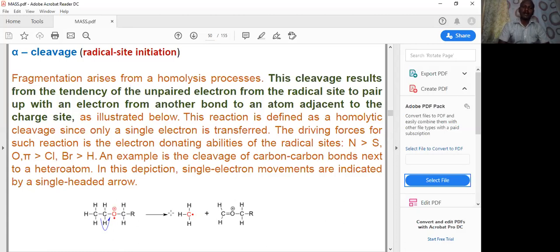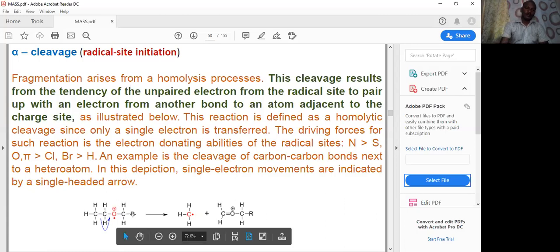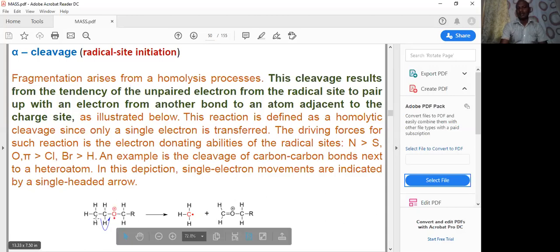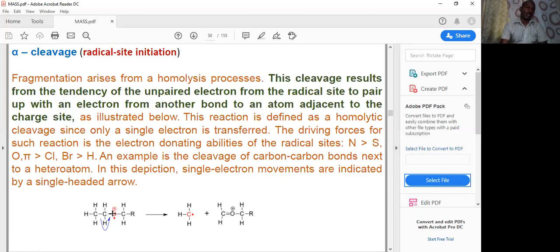So in this cleavage, the unpaired electron will try to pair up with electrons from adjacent atoms, and one of the electrons will move to the oxygen. This carbon will get one electron and this oxygen will get the other electron.